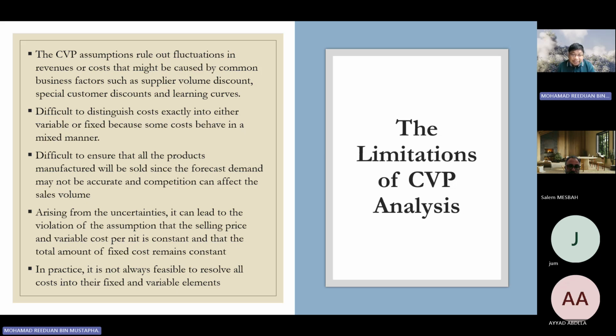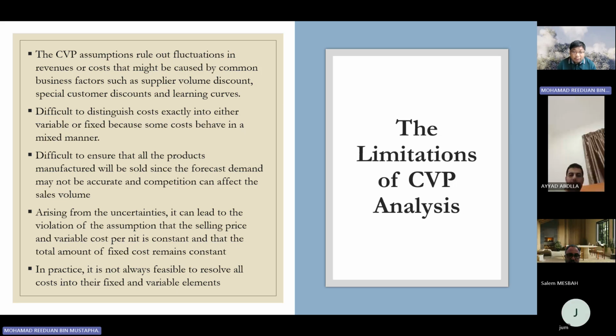And last but not least, the limitations of CVP analysis in practice. It is not always feasible to resolve all costs into their fixed and variable elements, but it is still good because, in order for you to prepare a budget, you need to know your cost per unit. Regardless, whether you are in the service industry or manufacturing, the same applies.